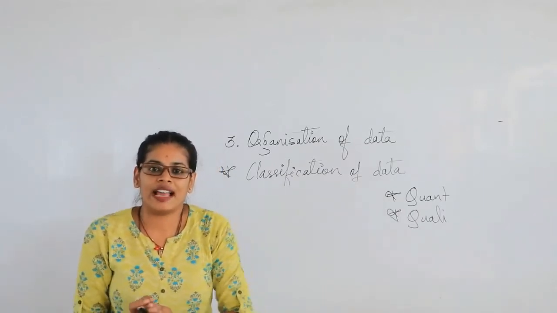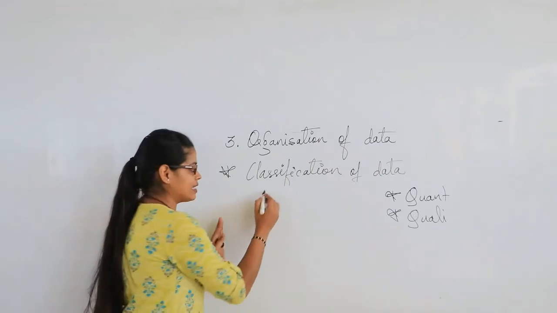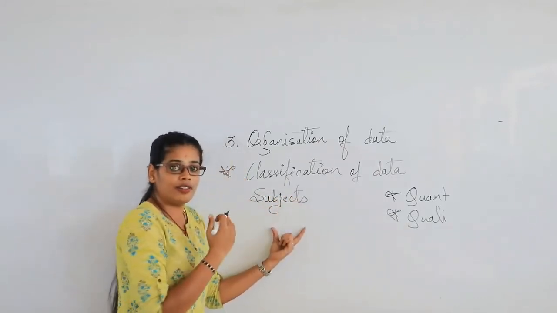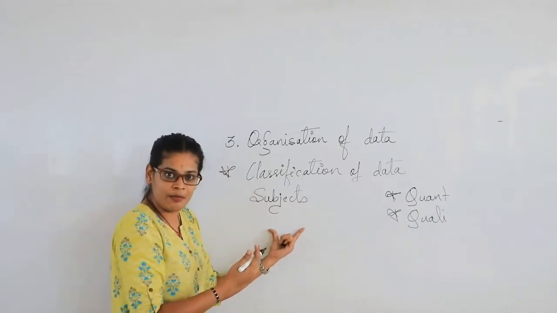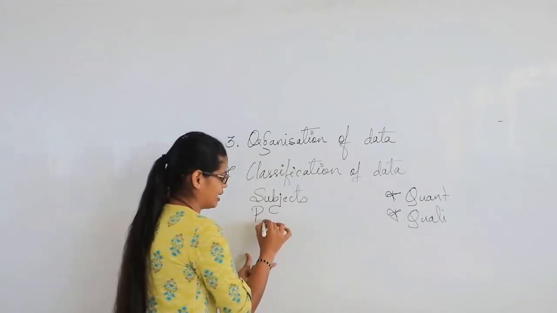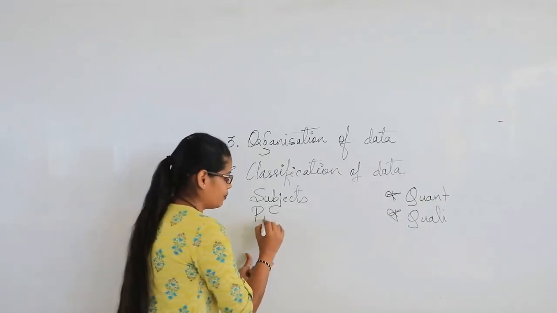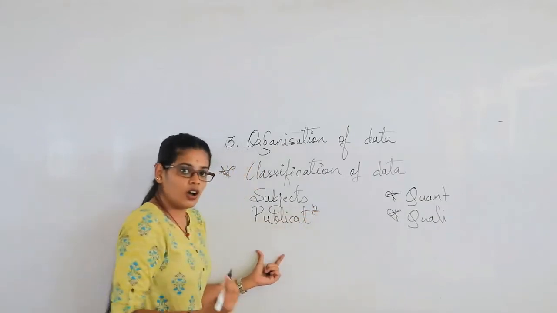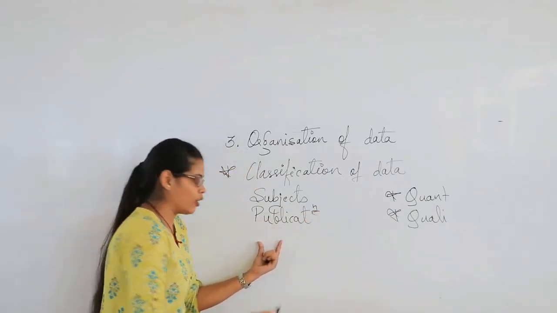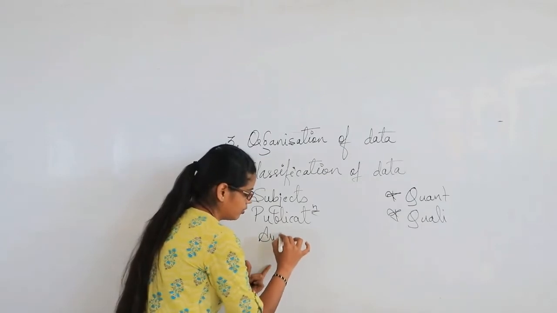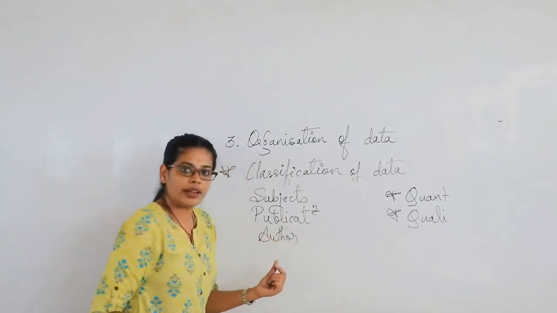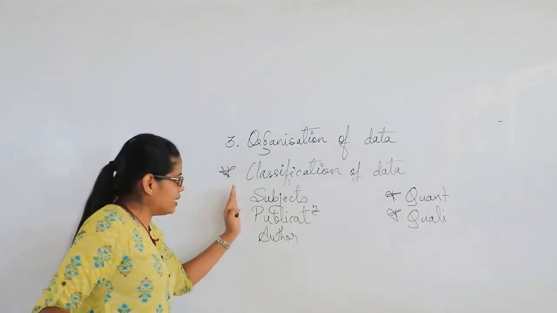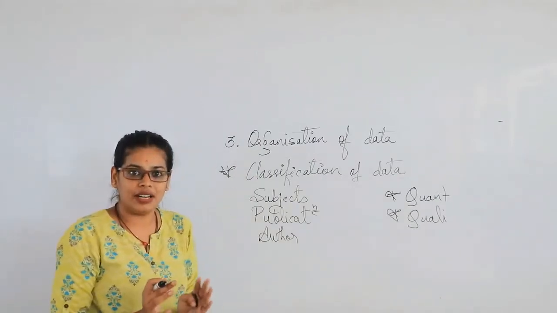So you can organize those textbooks with the help of subject wise, you can arrange them, okay, or else you can arrange them publication wise, okay, or you can also arrange according to the authors. So this is how we organize our data.